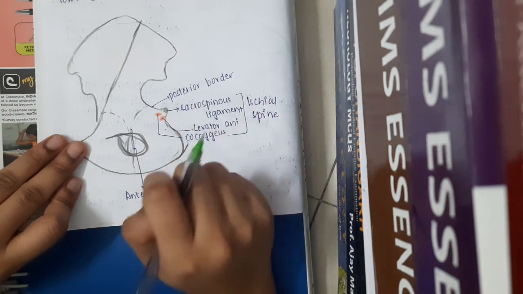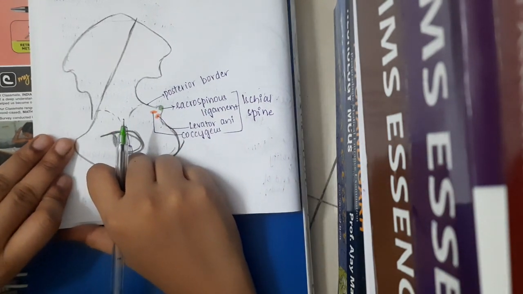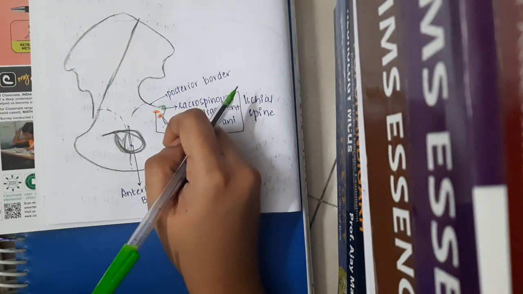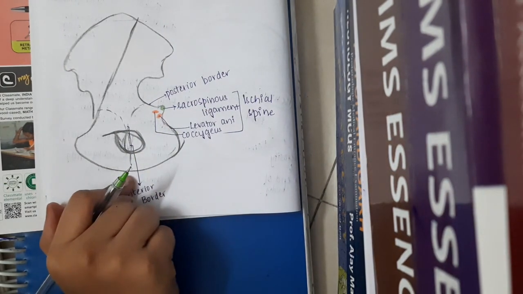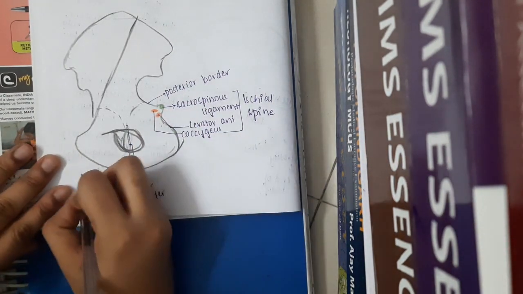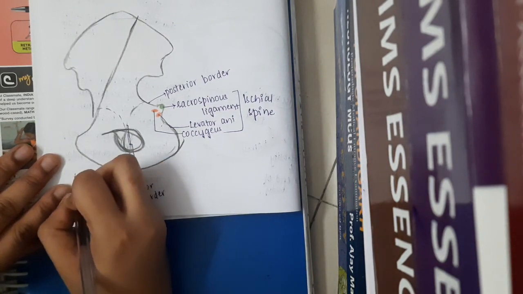Then at the lesser sciatic notch, you have two muscles which arise on either side, but the lesser sciatic notch is not shown well here. So let me draw the other surface also. This is the inner surface, right?